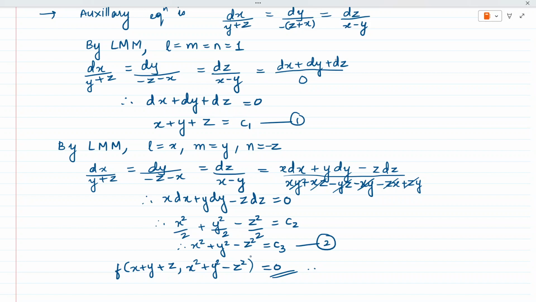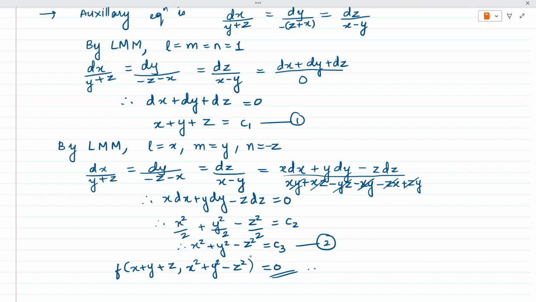So these were two methods by which we solve the auxiliary equation. Before we learn the next two methods, we'll do a little more on these two methods. That is, we will be solving the Cauchy problem using the Lagrange's multiplier method.